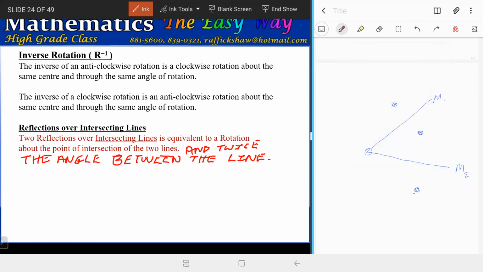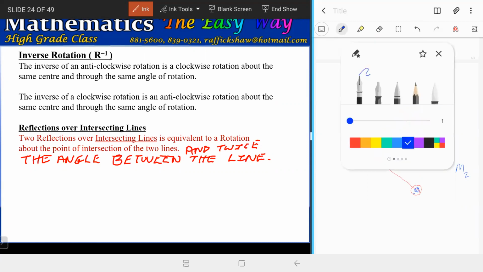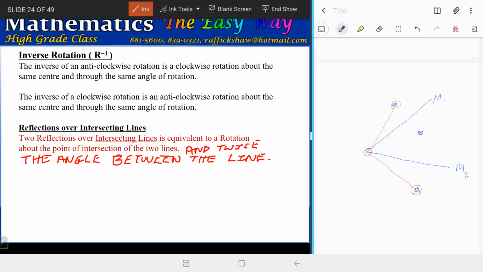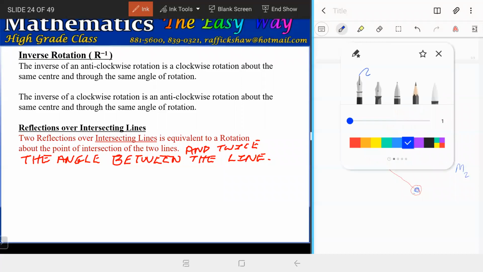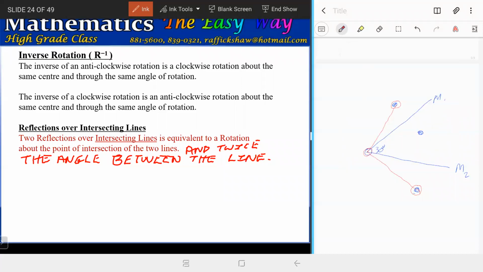What I'm saying to you now is that to go from the start to the end is equivalent to a rotation about the point where the 2 lines meet. If the angle between these 2 mirror lines is 30 degrees, then my rotation angle is going to be twice as much, 60 degrees.